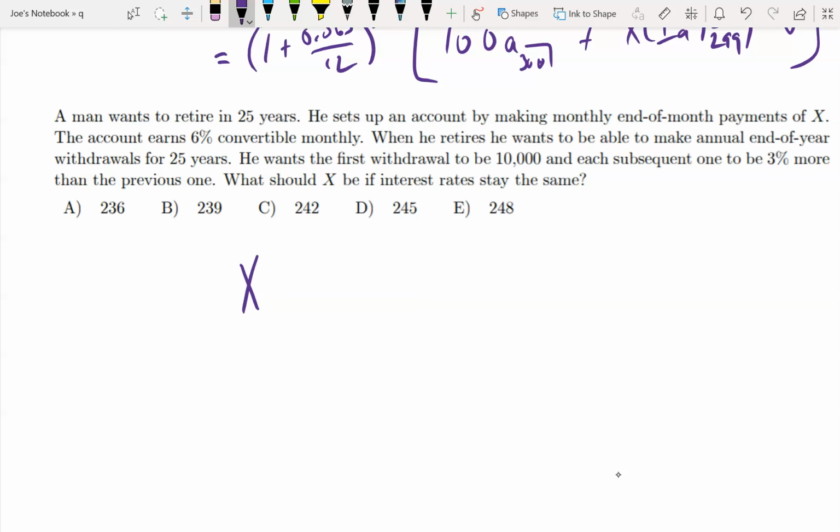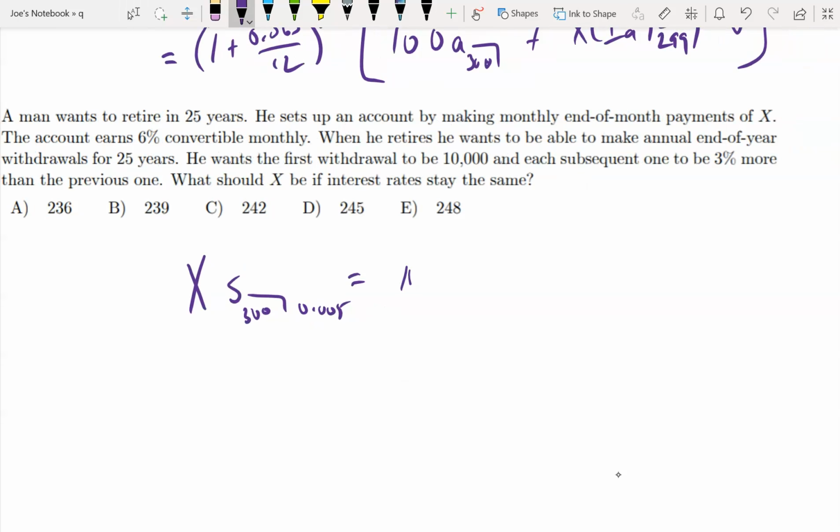So if I do the future value of the first one at 0.005, I need it to equal the present value of the second one. The second one is a geometric series.